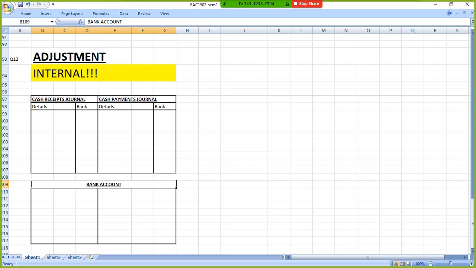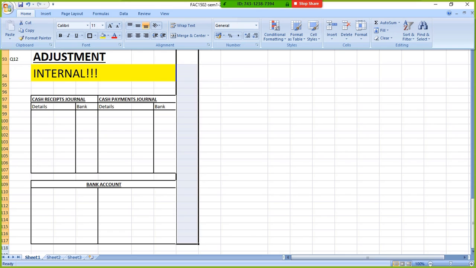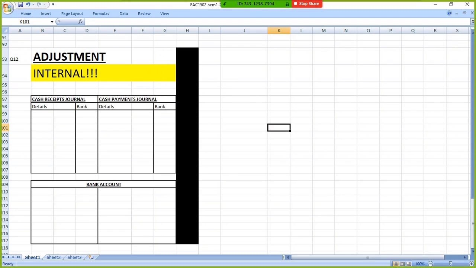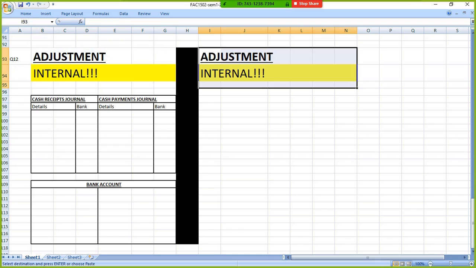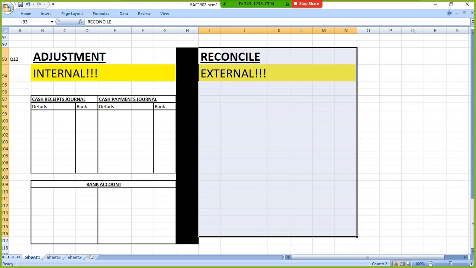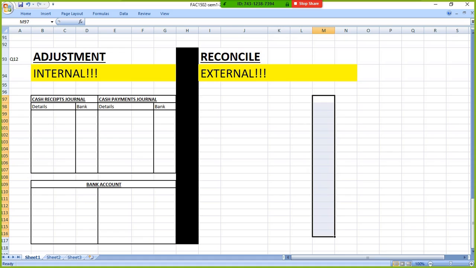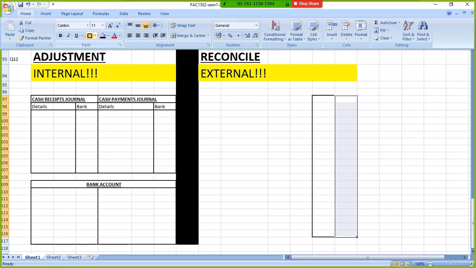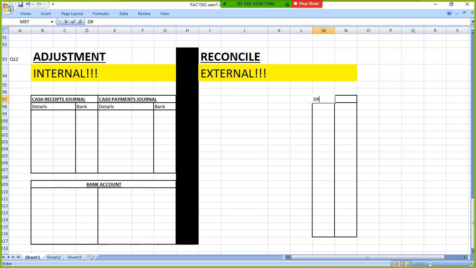What's on the left is internal. What's on the right is external. So what's external? The bank statement. So when I adjust for external errors or timing differences, you have to create a bank reconciliation statement.